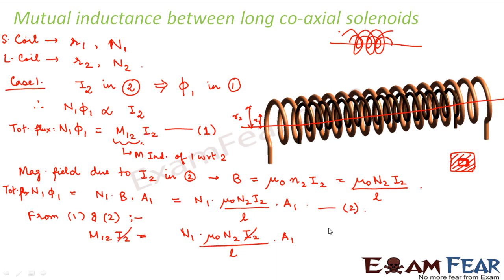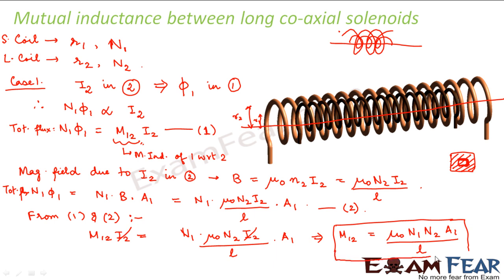So this I2 and I2 will get cancelled. Therefore, we can say that M12 is equal to mu naught N1 N2 into A1 divided by L. So this is the mutual inductance of coil 1 with respect to coil 2.